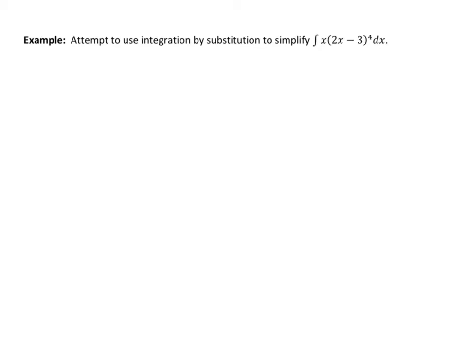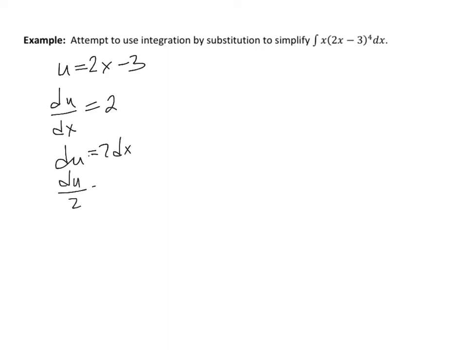So our first step here is to choose our u. It seems to me that it's going to make sense that we use u equals 2x minus 3, the quantity inside of the parentheses. This means that my du dx is going to be 2. That means du is 2 dx, which means that du over 2 is dx.